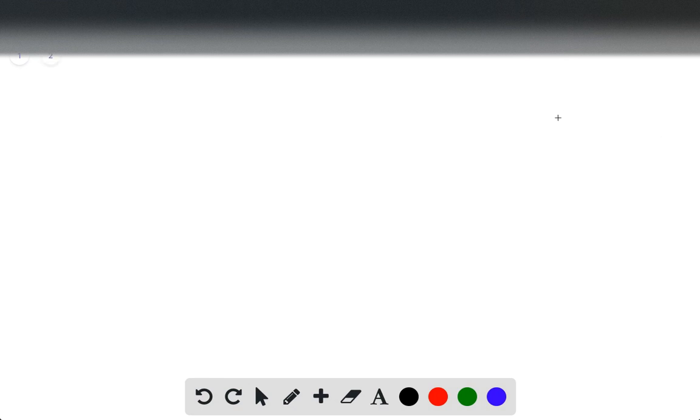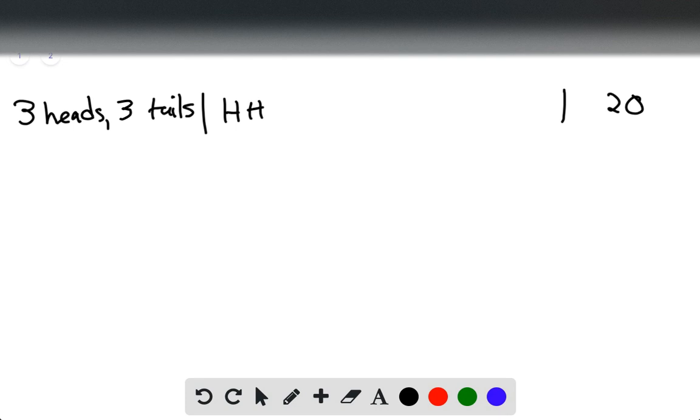Let's go to 3 heads, 3 tails, and here we have 20 microstates. So this would be the most complicated case because again, there's the most amount of combinations, and so we can start with heads, heads, heads, tails, tails, tails.